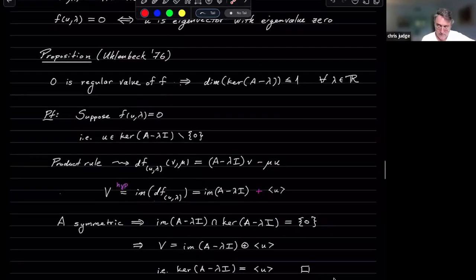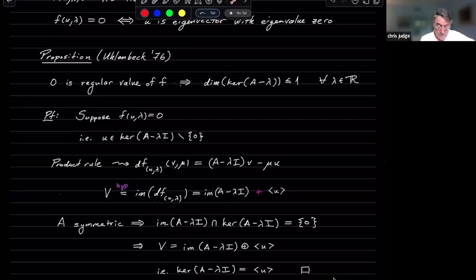That's why I got rid of 0. Then I differentiate. I apply the product rule, and the differential looks like this. Here is the vector, in the direction of v, mu, and this is the base point.